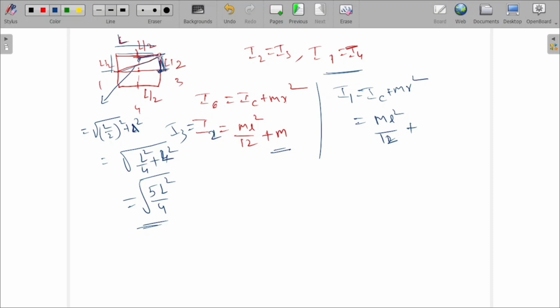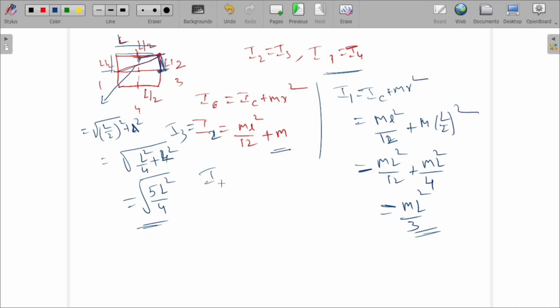It is half only, no? L by 2. So m L by 2 whole square. So ml square by 12 plus ml square by 4. Already we just did that, that is ml square by 3. Okay, this is ml square by 3, and from this you will get the rest. I will tell you directly, and you solve it so that you can learn it.